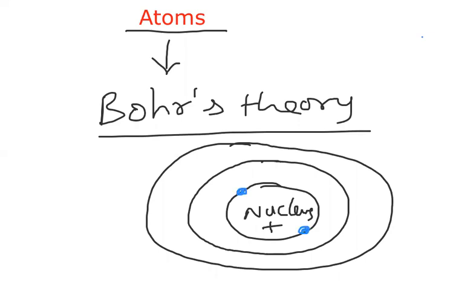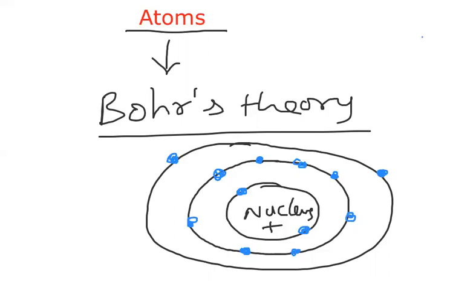Electrons will be revolving in these shells. As electrons revolve around the nucleus in some fixed orbits, we call them stationary shells. Like that, a number of shells will be there.